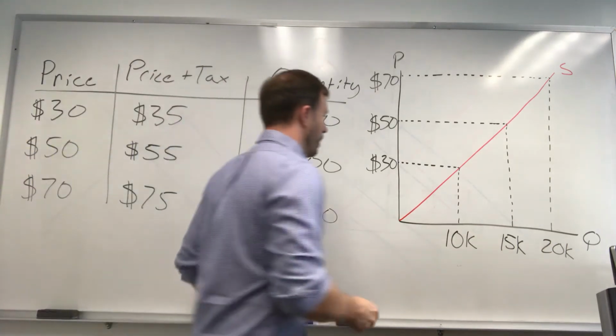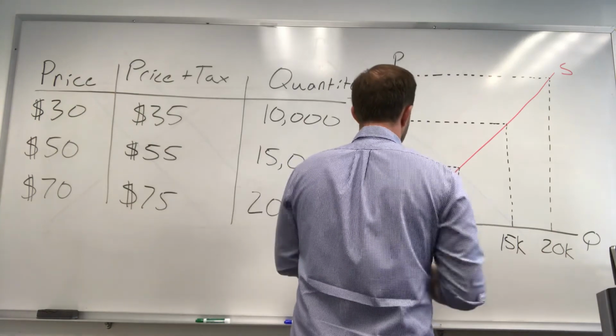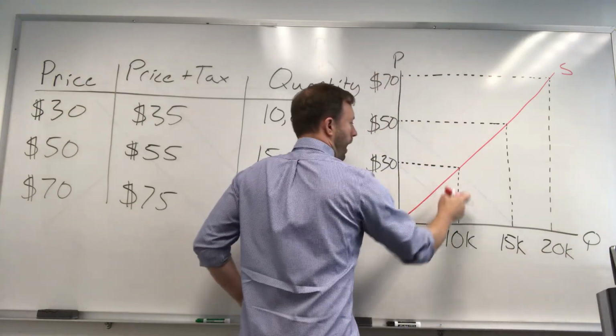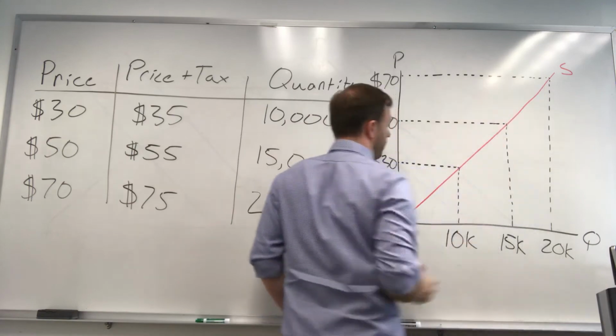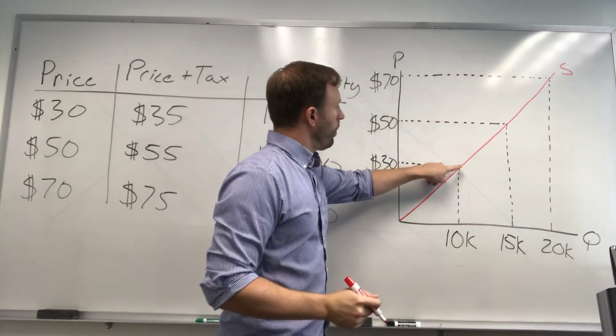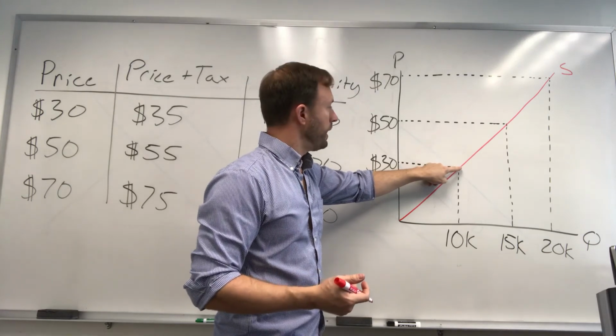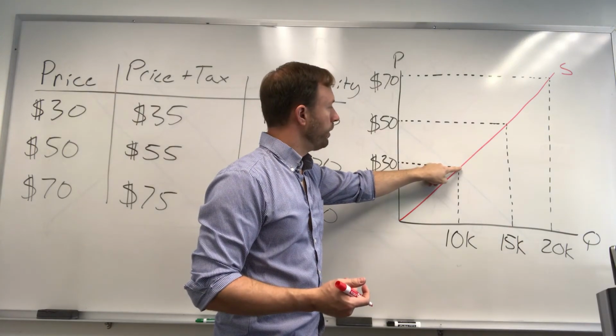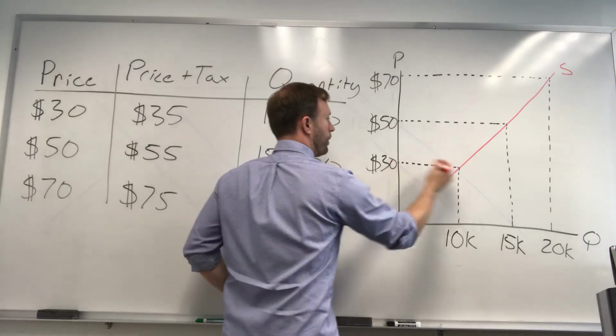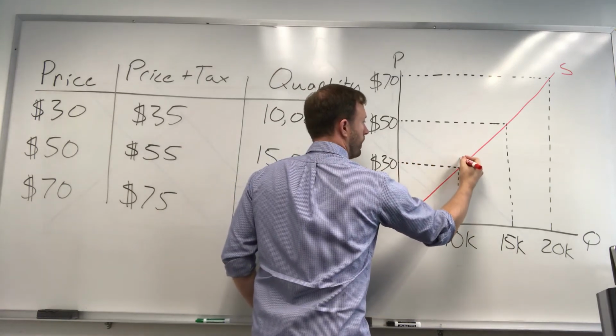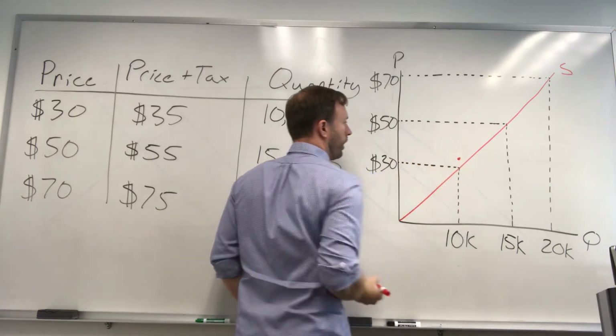Okay, and you can just go over here to the graph and say, well, at each of these 3 points that we had graphed out before, we're going to put a new point on the graph representing now the lowest price that the seller would be willing to accept. So if it used to be $30 for 10,000 pounds, now that's going to go up to $35.